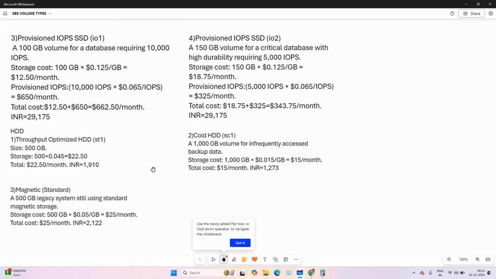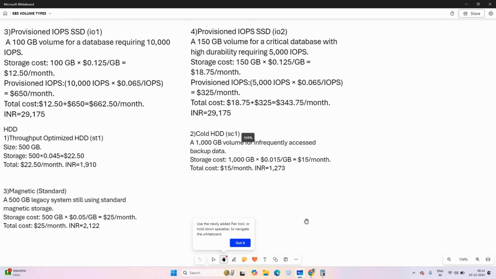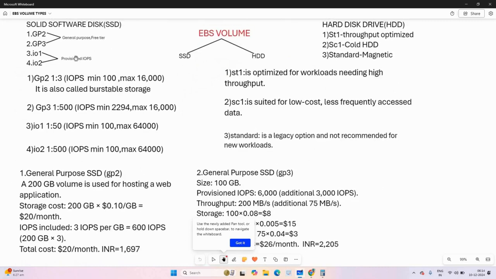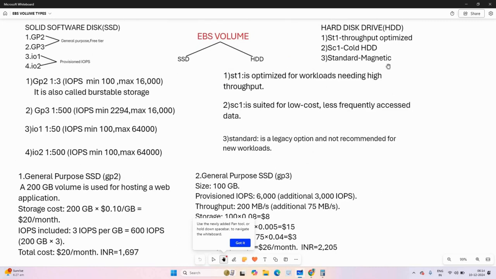Yes, today this is the end of the session, and we saw about the volume types. It has 3 types of HDD and 4 types of SSD, and we saw the minimum and maximum IOPS for the SSD disks.